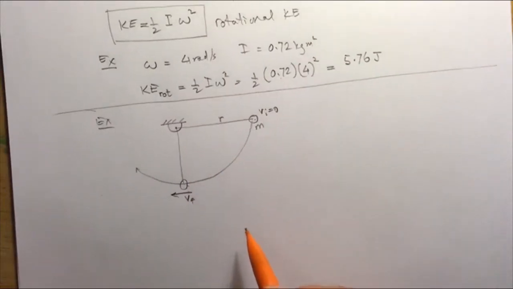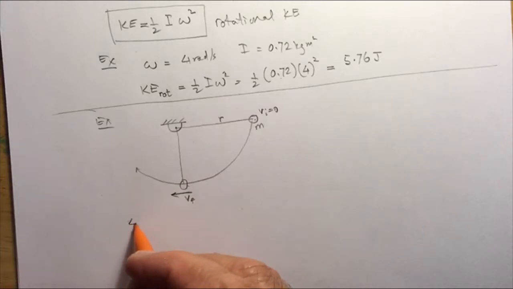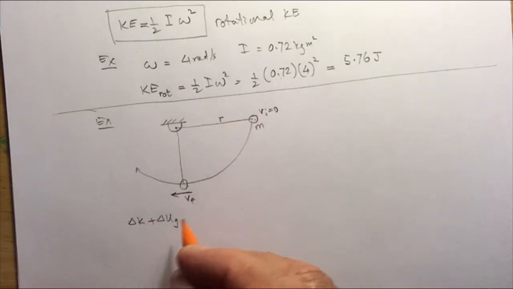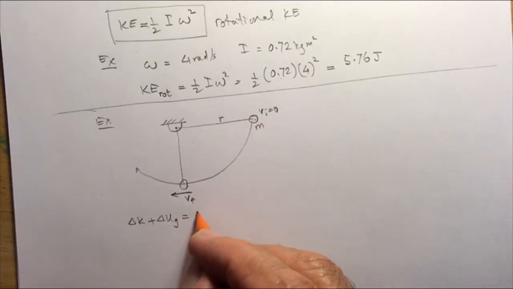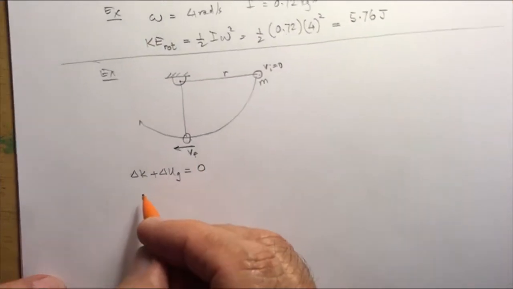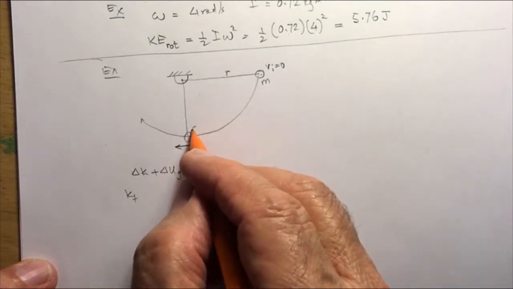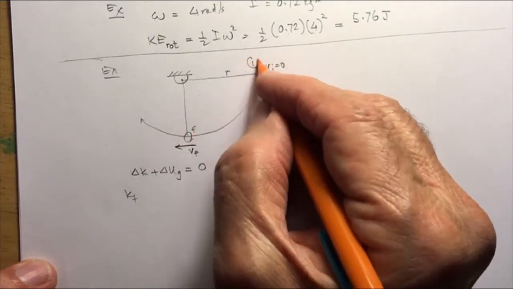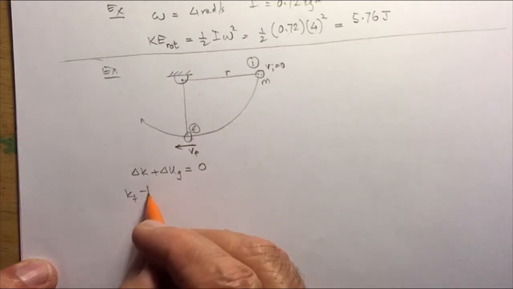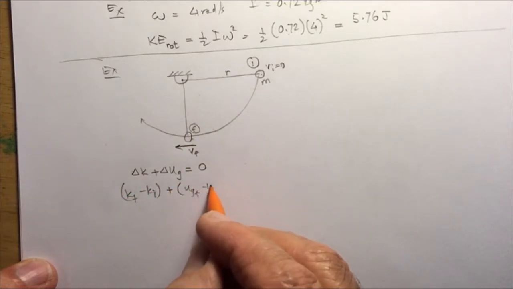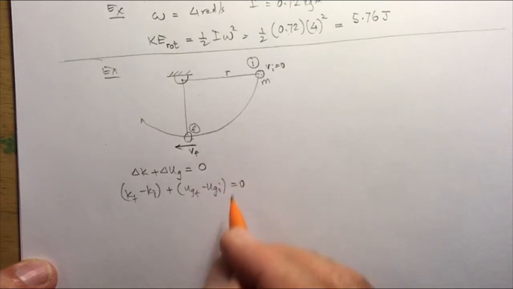So we can solve this by using delta K plus delta Ug, and there's no spring, no external work, no friction, so that equals 0. So it's going to be K final, which is here. This is the final position, and that's the initial position. K final minus K initial plus Ug final minus Ug initial equals 0.